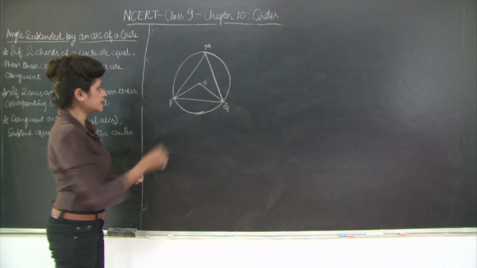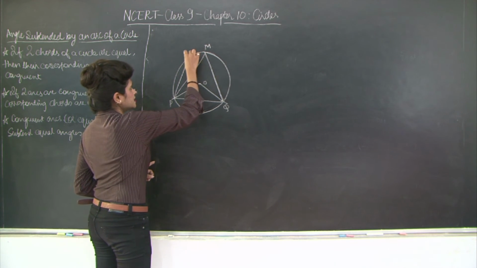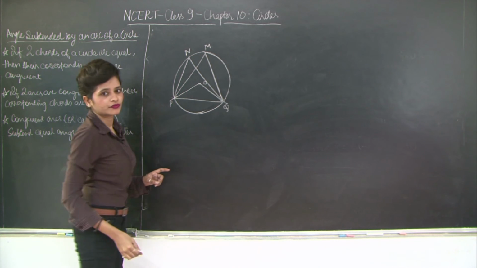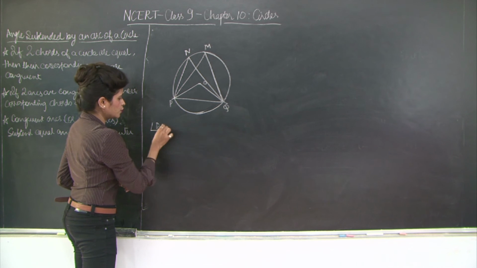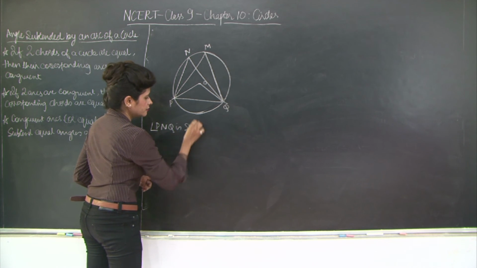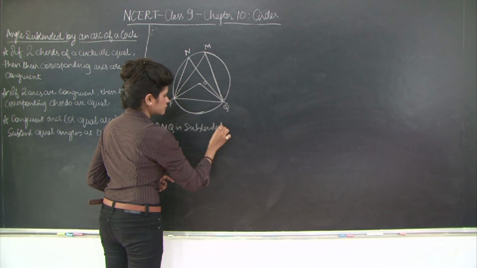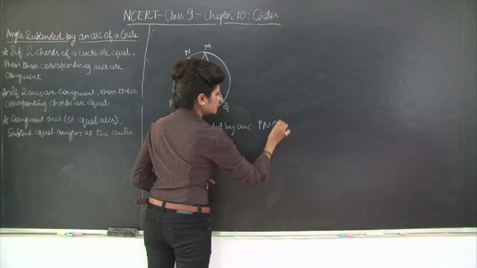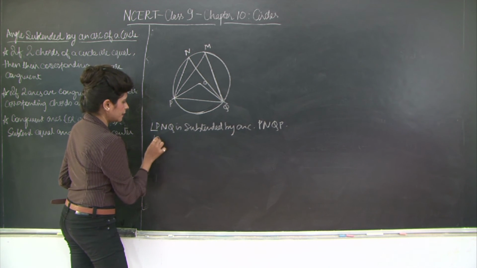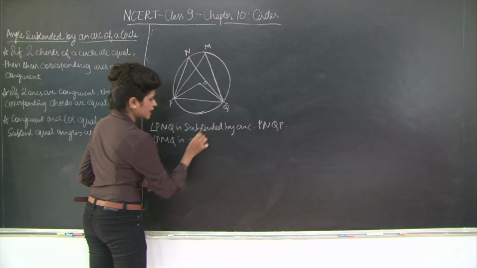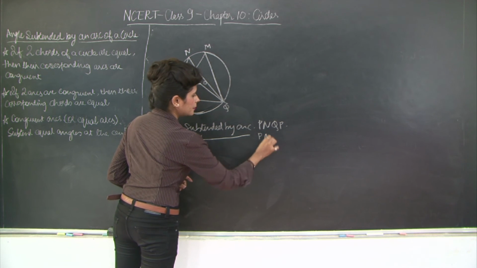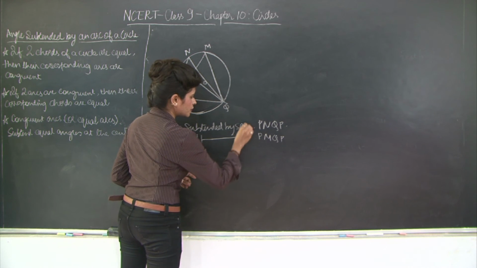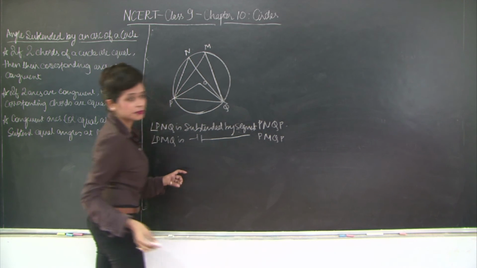If I draw another angle subtended by the arc PQ, let's say PNQ. So angle PNQ is subtended by segment PNQP, and angle PMQ is subtended by segment PMQP.